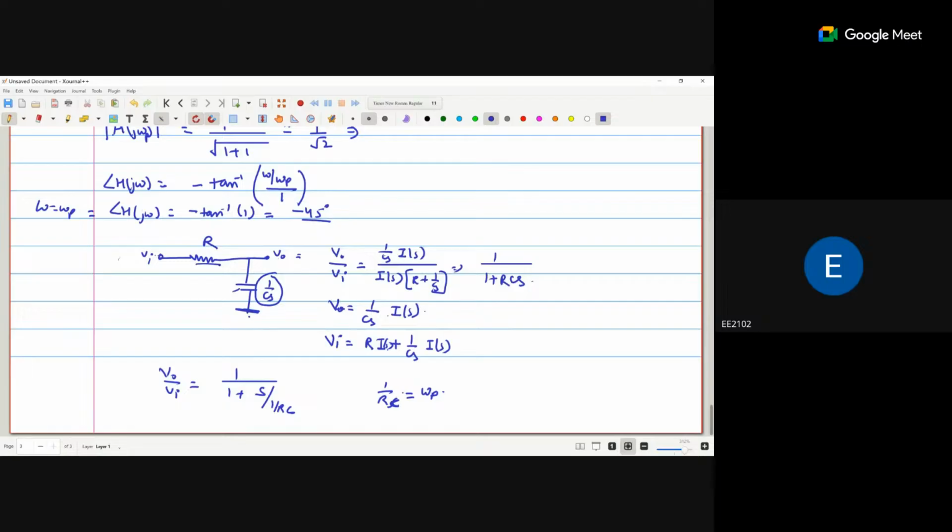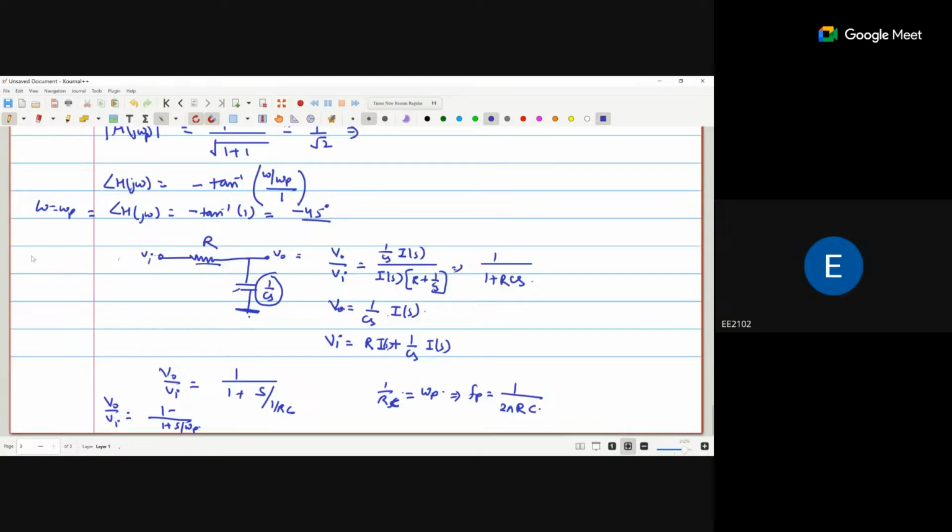If I put 1 by RC as ωp, it is a generalized equation: Vo upon Vi is equal to 1 upon 1 plus s upon ωp. So if ωp is equal to 1 by RC, what is fp? fp is ωp upon 2π, so fp is nothing but 1 upon 2πRC. Clear?